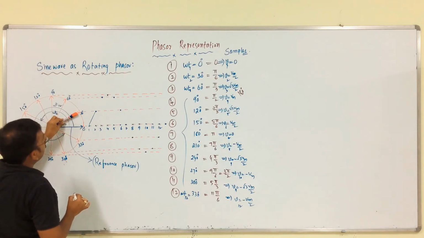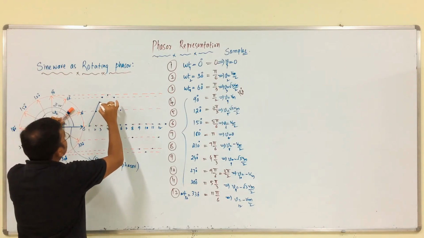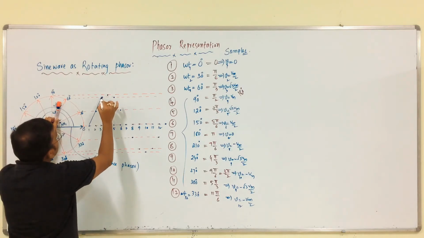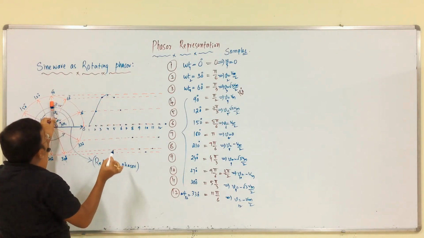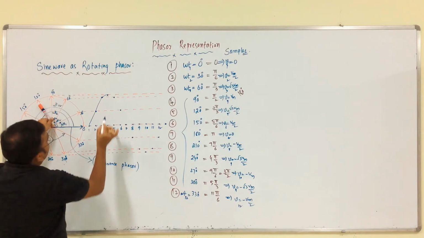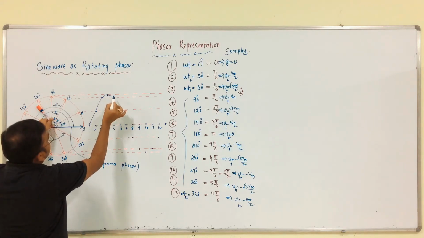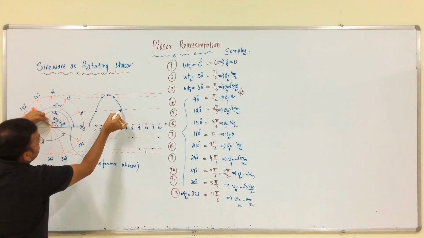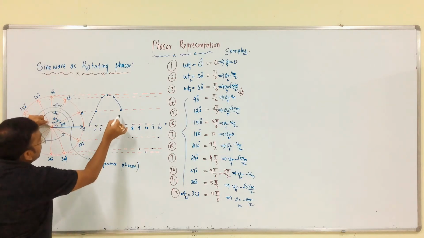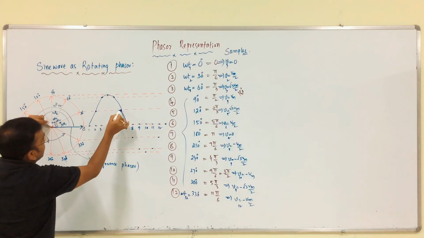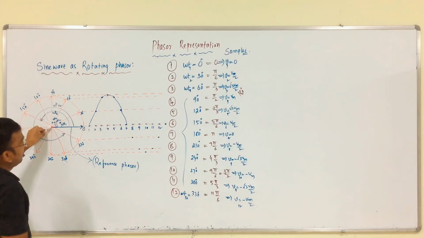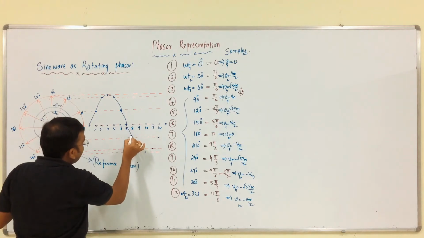Then from 30 to 60, then 60 to 90, clear. Again 90 to 120, then 120 to 150, 150 to 180, okay, completed. Then 180 to 210. So, like this we will get the waveform.